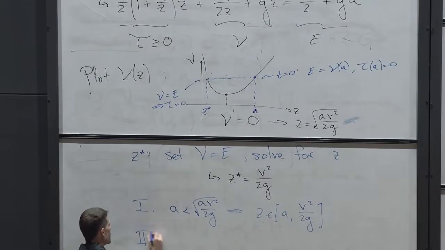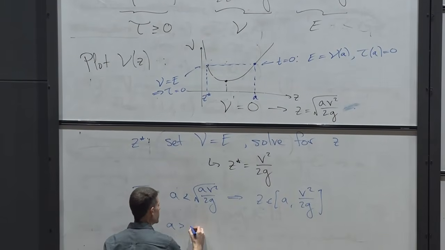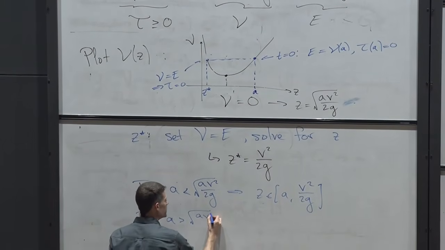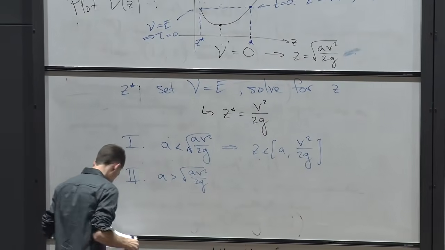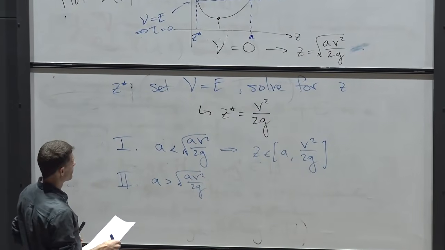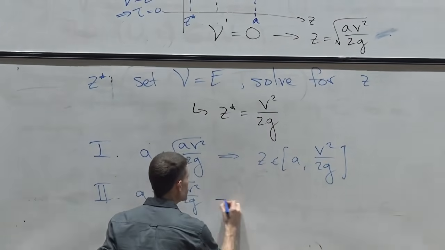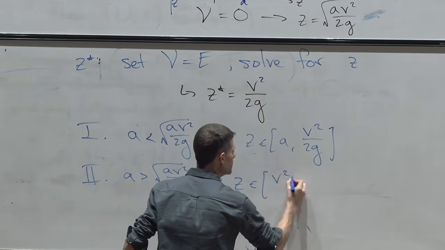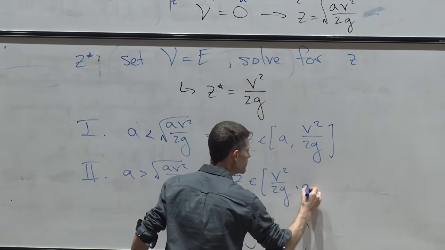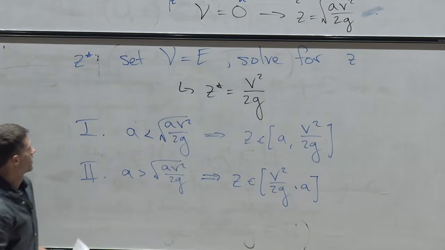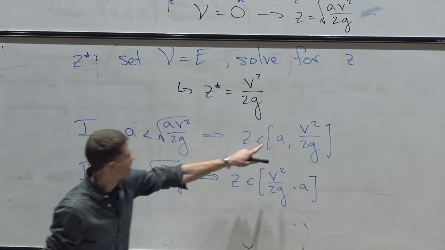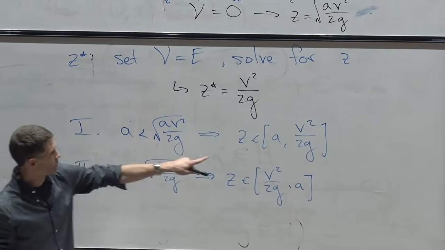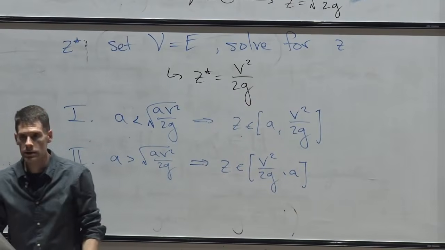And if A is greater than that value, then Z stays between the same two values. You can see this is the same thing as A less than or greater than V squared over 2G.